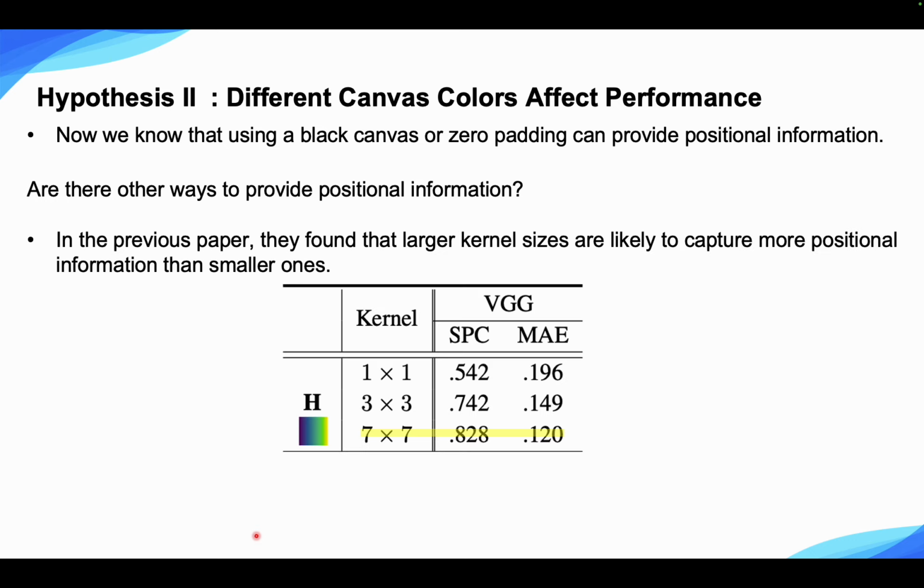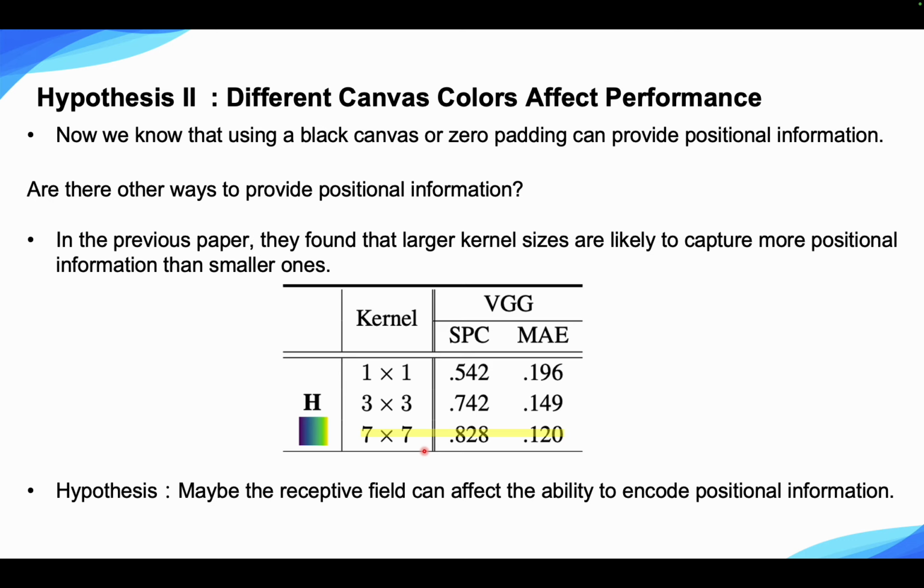In the previous paper, they found that larger kernel sizes are likely to capture more positional information than smaller ones. So this is the result of the last paper. You can see that if we use a 7 by 7 kernel, we can extract more positional information.